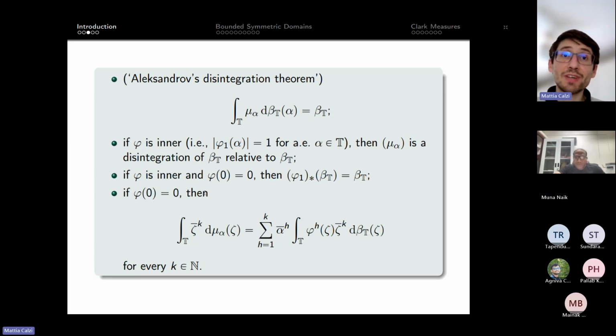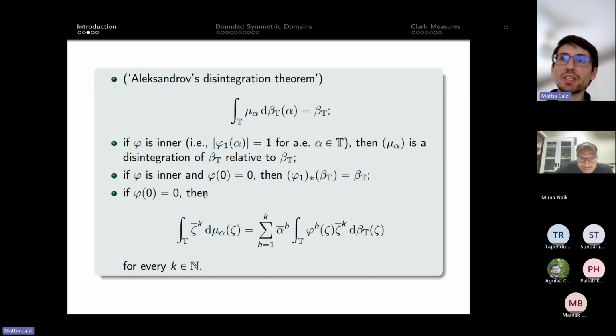And in fact, it is very, very difficult to provide examples of singular pluriharmonic measures in the case of the unit ball. For a long period of time, experts in the field believed that there were no singular pluriharmonic measures in the case of the ball. Then it was disproved by Aleksandrov, but no explicit examples are known of singular pluriharmonic measures in the ball.